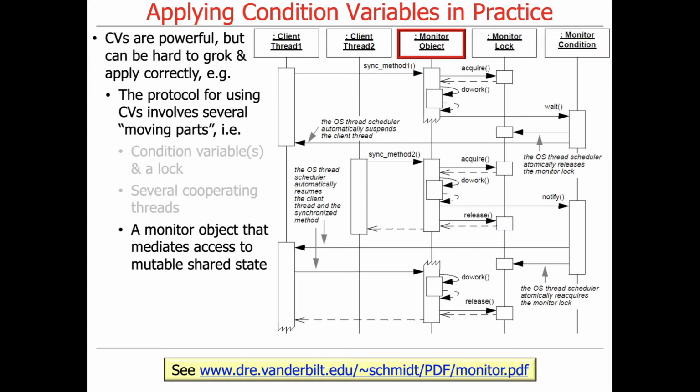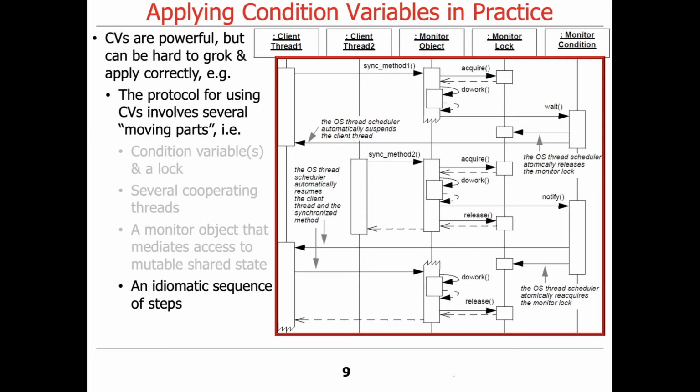We'll talk more about the monitor object pattern later. If you want a preview, you can take a look at the link at the bottom of the slide. It also appears in the Pattern-Oriented Software Architecture Volume 2 book and the Volume 4 book, if you're curious. Those books make great Christmas presents or holiday presents, so make sure you give them to your friends.